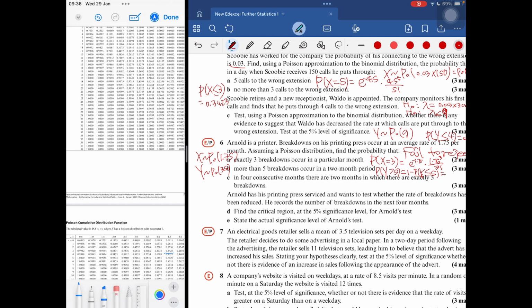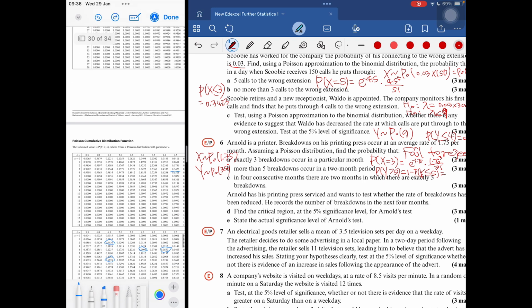So with 3.5 and 5 here, 1 minus 0.8576, which is 0.1424.